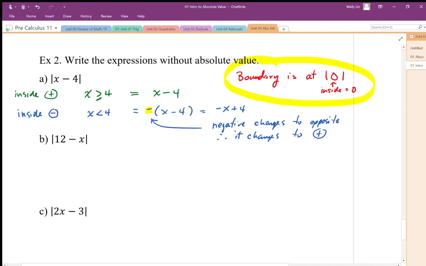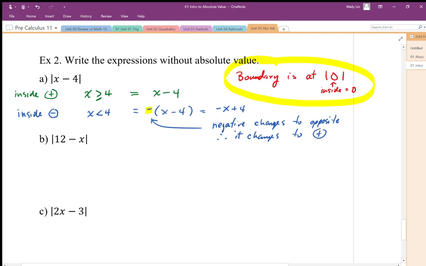If we're able to determine where the boundary of our domain is, then we can decide whether it's behaving normally or if it's going to be its opposite. And we show the opposite with that negative in front.